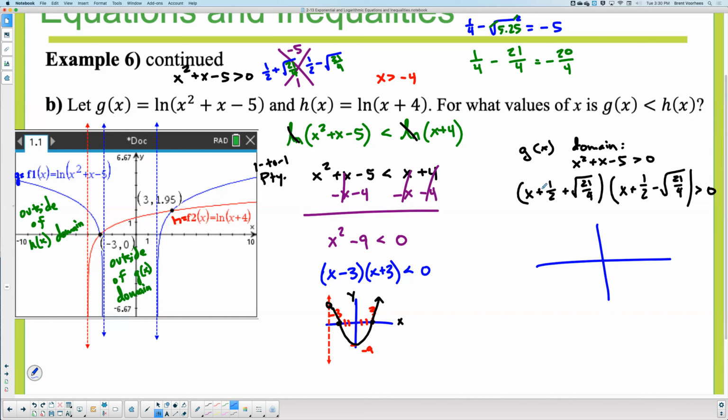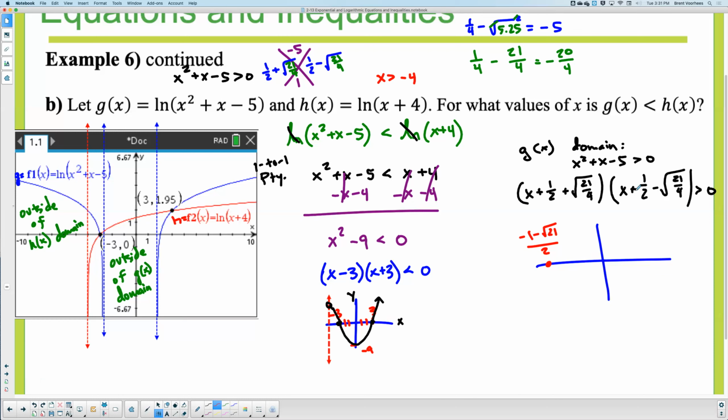Now we can get our roots here. This would be -1/2 minus the square root, and I'll reduce this 21 over 2. You know what, I'll write it like this: negative, with 2 on the bottom, -1 minus square root 21.